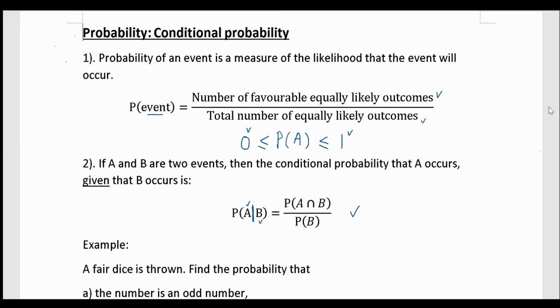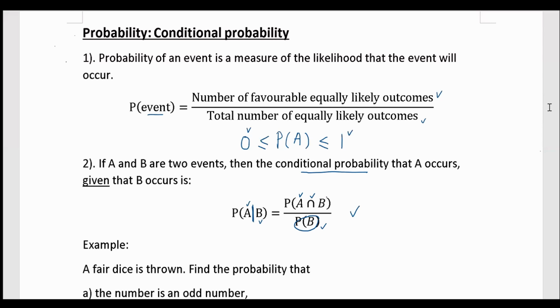And the formula will be probability of A intersect with B divided by the probability of B. As if the total number of outcomes has reduced to the probability of B having occurred, then on top of it, what is the probability that A occurs? This is conditional probability.